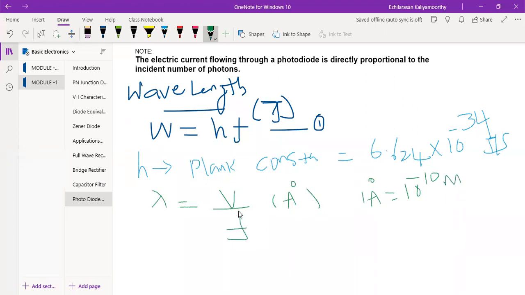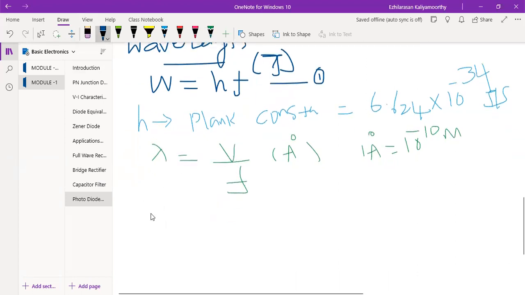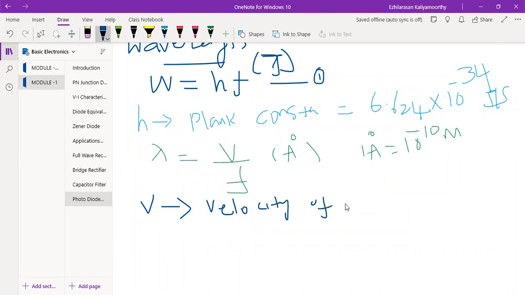Here v is the velocity of light, whose value is 3 into 10 to the power of 8 meters per second.